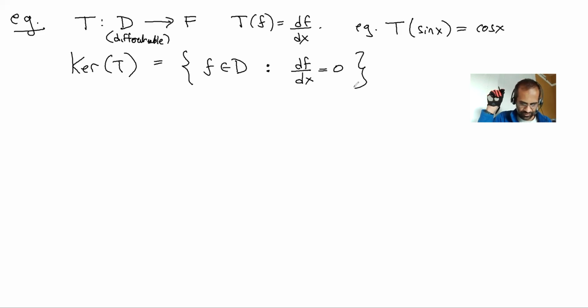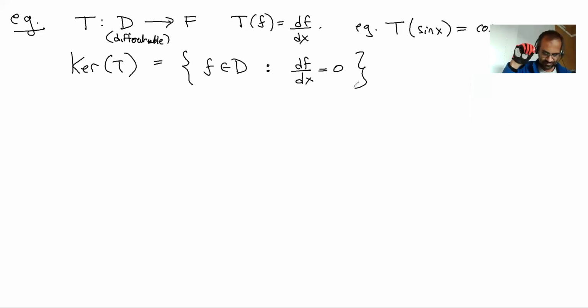Okay, now that's some set of functions. Anybody know what set that is? Anybody give me a short description of that set? It's a set of differentiable functions so that the derivative is just zero. So like all constants? It's all constants, exactly.